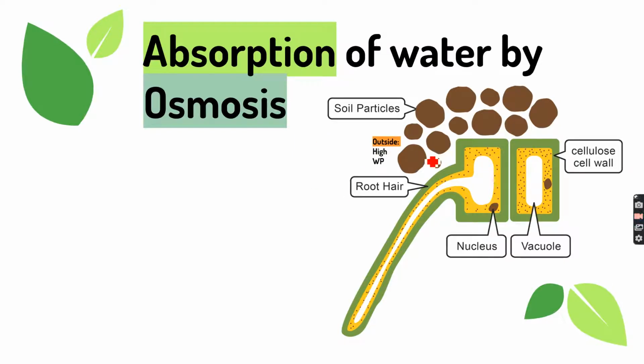A fact you have to try to remember is that outside of the root hair cell, in the soil, there is higher water potential. Let's recall what water potential refers to: it's the ability of water to move freely. We can assume there is lots and lots of water here compared to the vacuole, because the vacuole contains other substances as well.